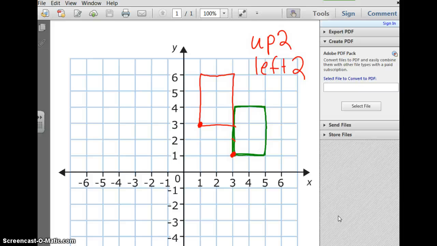Now, my next question. I would like you to tell me what is the ordered pair for that spot right there. What is the ordered pair for that spot? Sarah? It is over 1, up 6. Good work. All right, let's try another one.